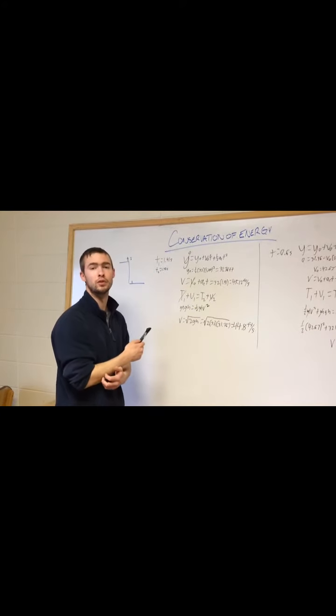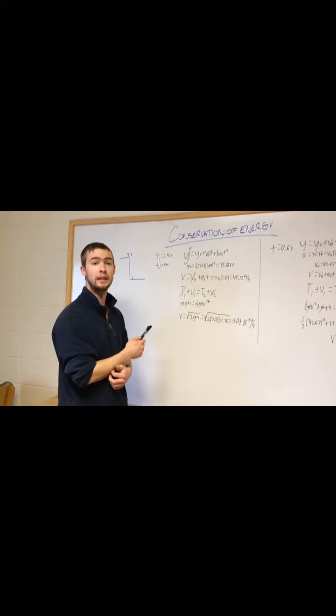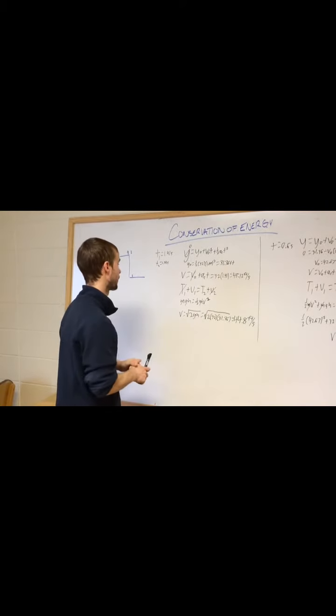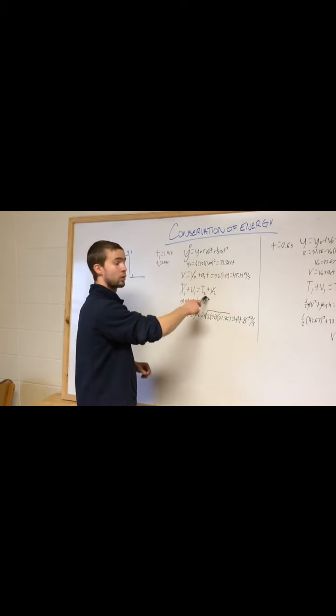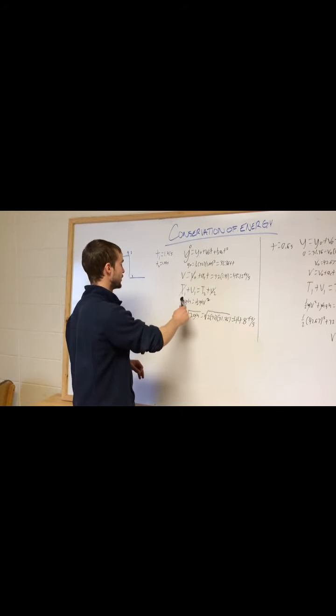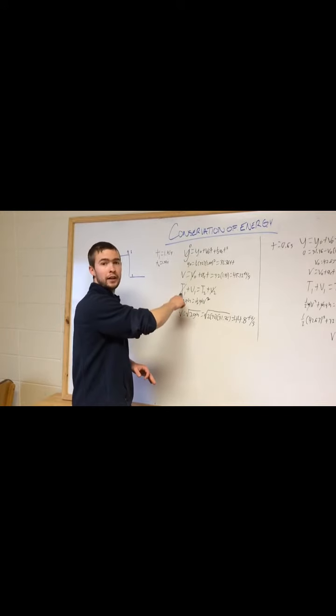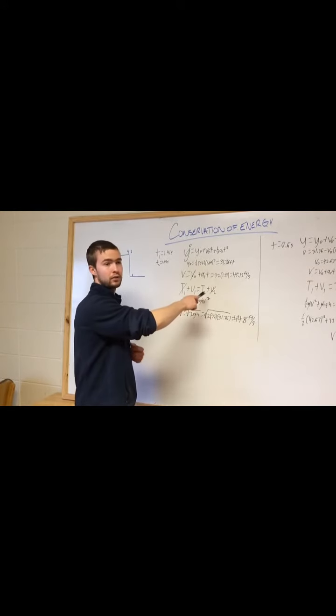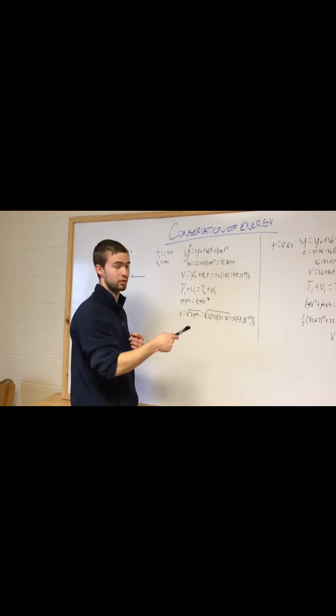Now we will look at an equation of energy to show that energy is being conserved. The equation of conservation of energy is initial kinetic energy plus initial potential energy equals final kinetic energy plus final potential energy.